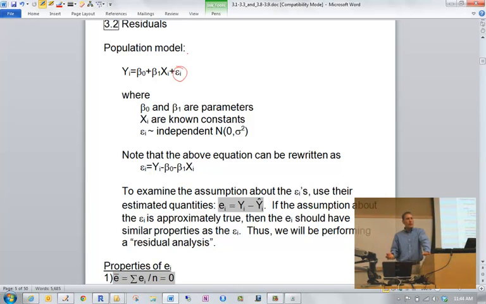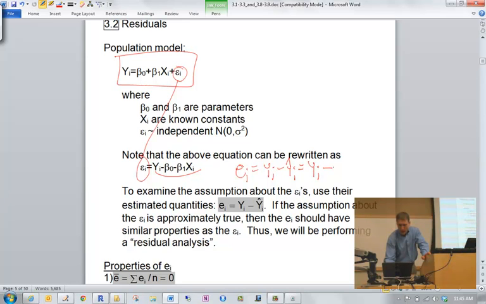So we could actually rewrite our model so that now just epsilon sub i is on the left-hand side, and y_i minus beta 0 minus beta 1 times x_i is on the right-hand side. Notice how this is similar to e sub i, which is y_i minus y hat i, or equivalently y_i minus b0 minus b1 times x sub i.